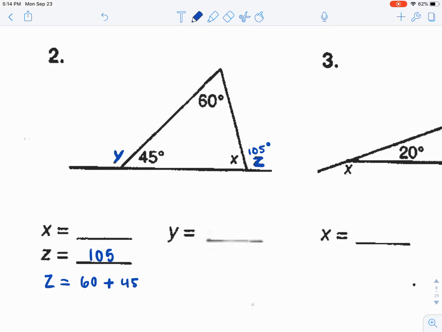Now, I want you to think about the relationship with Z and X. They're adjacent and they form a linear pair. So X plus Z adds up to be 180 degrees. So I can find X by doing 180 minus 105, and X would be 75 degrees.